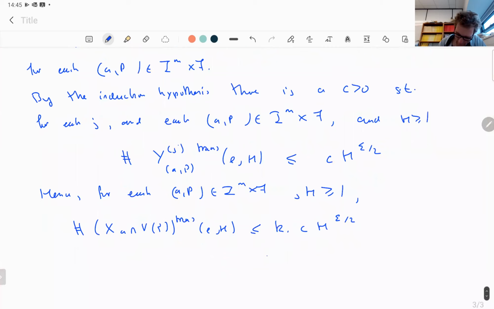But K is independent of H, so that's less than or equal to CH to the epsilon over 2. And that's what we wanted.